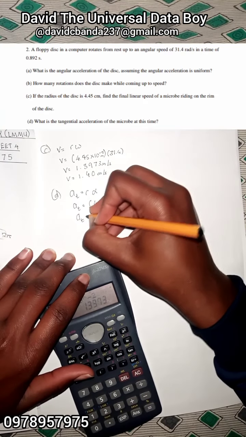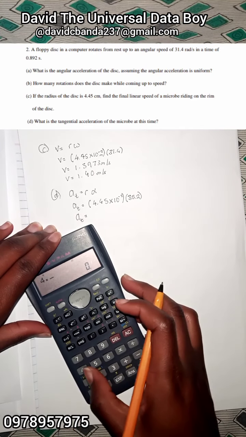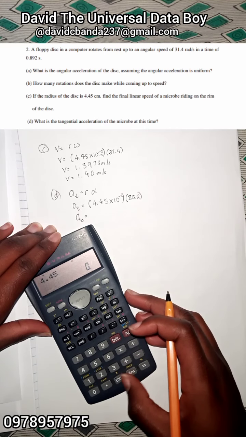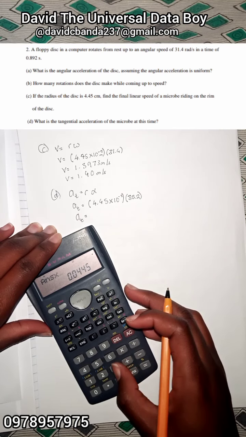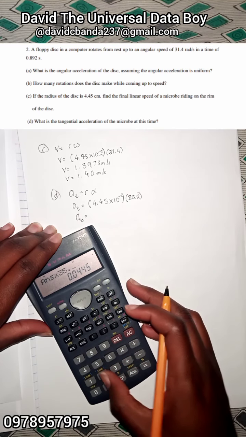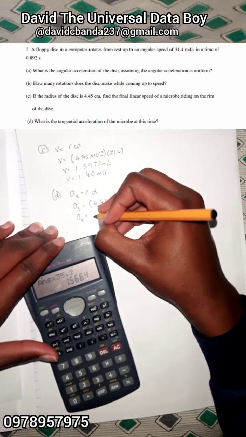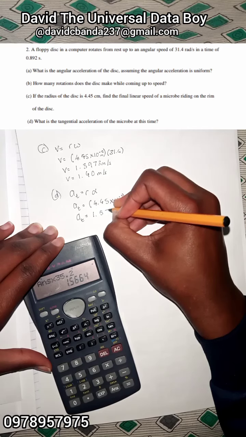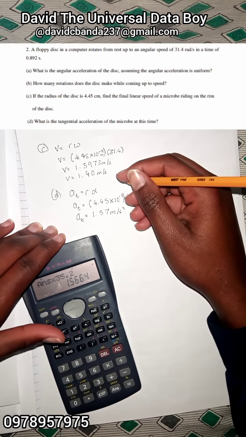So the tangential acceleration is equal to 4.45 times 10 to the power negative 2 times 35.2. We find our answer being equal to 1.57 meters per second squared. So that's all for our question.